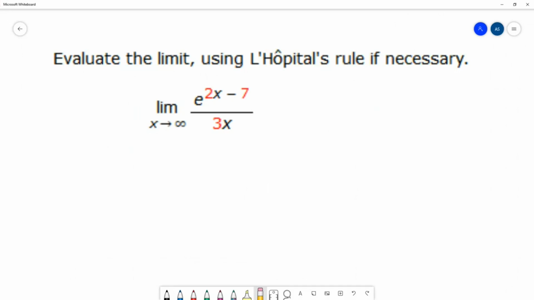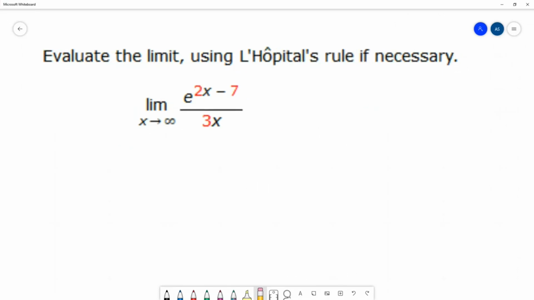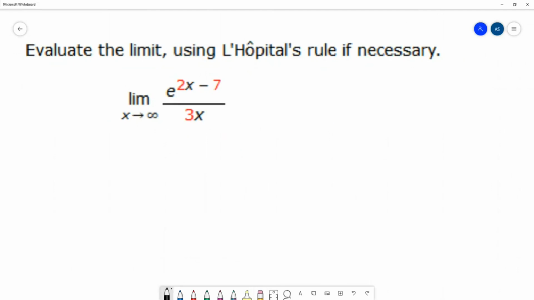Okay, here we have an example of a limit. We want to evaluate the limit using L'Hopital's rule. Now, L'Hopital's rule states this. If we have the limit as x approaches c, f of x over g of x, and that equals some indeterminate form.